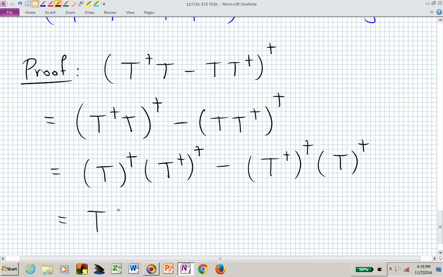Or I now have T dagger, and T dagger dagger is T, minus T dagger, and that's what I intended to show. That parenthetical operator, when its adjoint is found, is equal to that parenthetical operator. Or T dagger T minus T dagger is in fact normal.